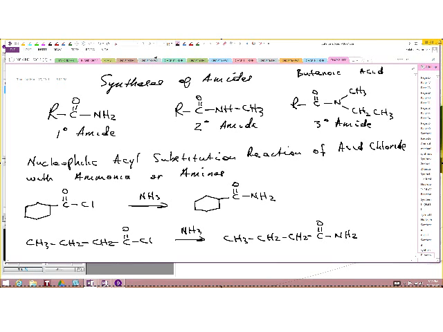So what do we do? We remove the OIC or IC of the corresponding carboxylic acid, and we replace it with the word amide, one word. Therefore, to name this molecule, this becomes butanamide.